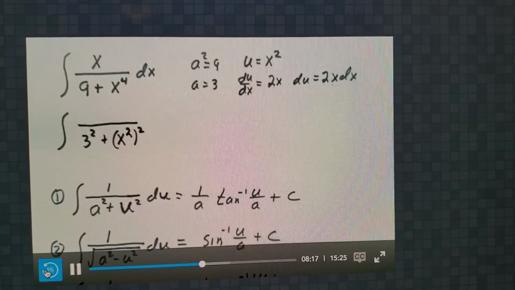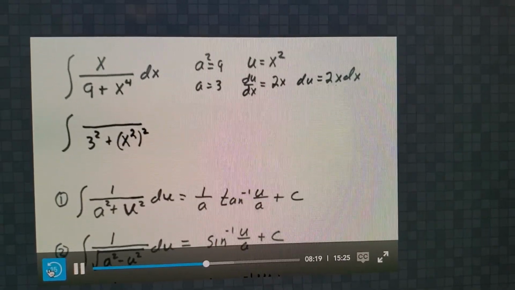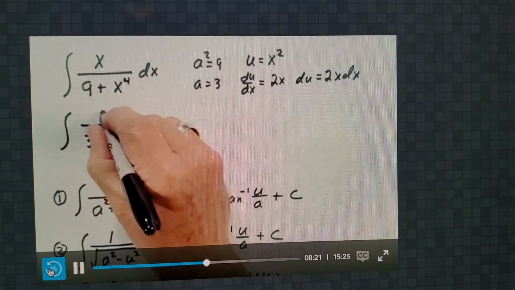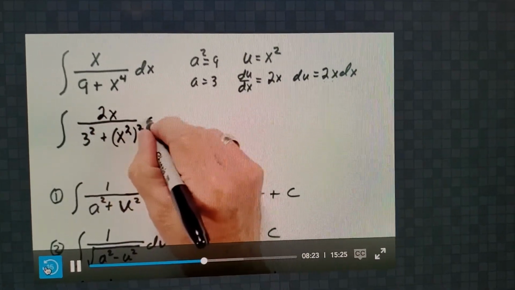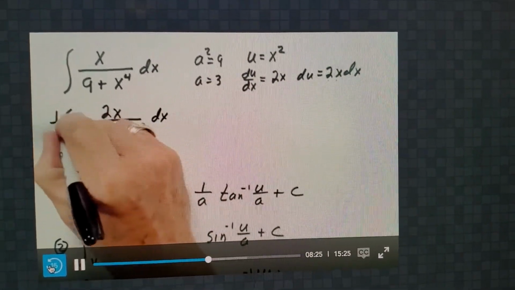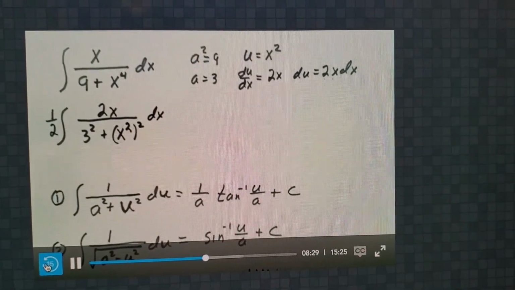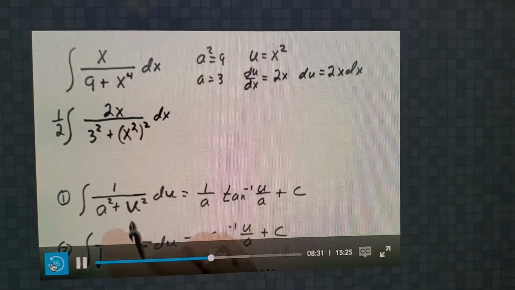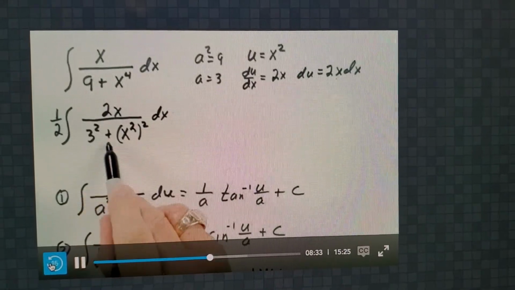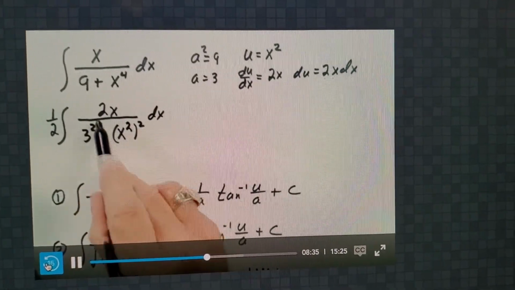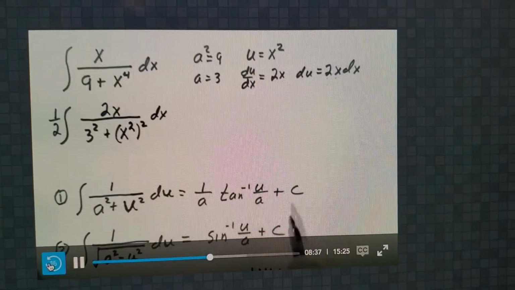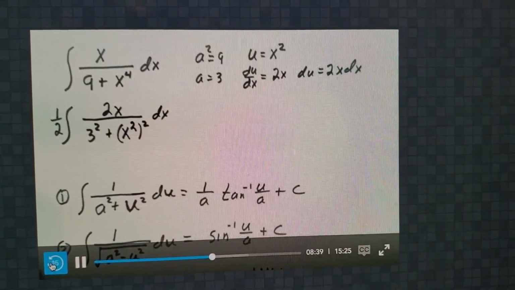But constants we can take care of. So what you would do is supply the 2 and compensate with a 1/2. Now we have exactly what the formula says. We've got a squared, we've got u squared, and 2x dx, that's du.